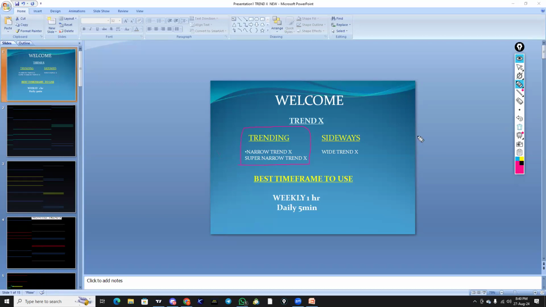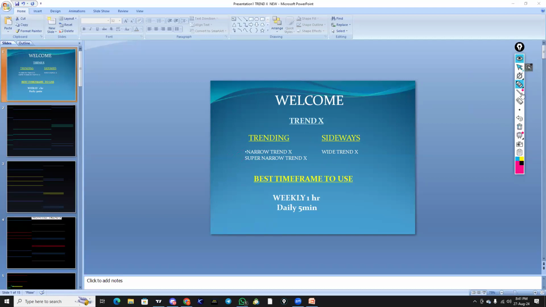Then for sideways days, it will be a wide Trendex. Here you can go for scalp trades or you can avoid. Remember, a narrow Trendex and a super narrow Trendex are where we should find our trades.